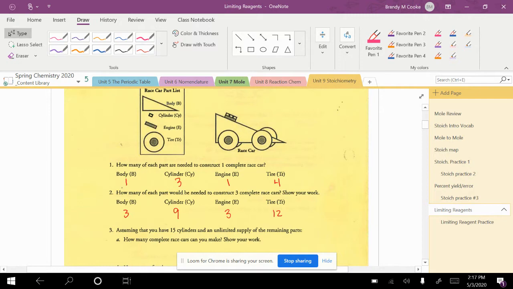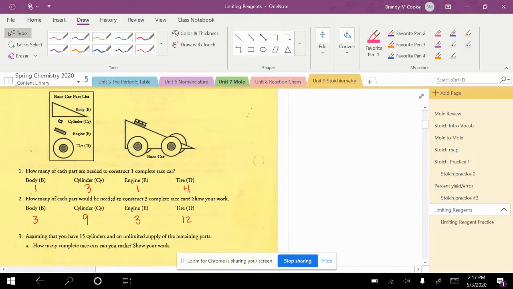All right, so let's just say I had 12 tires, I had six cylinders, I had three engines, and I had two bodies. Now, if I look at just the tires, how many cars can I make?